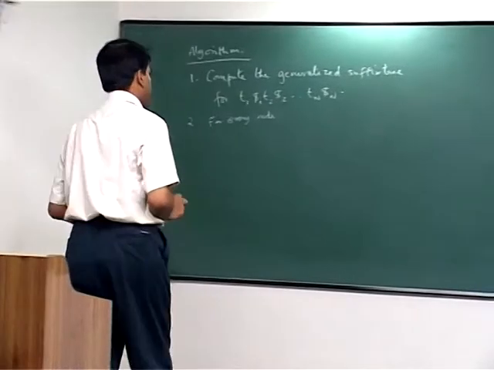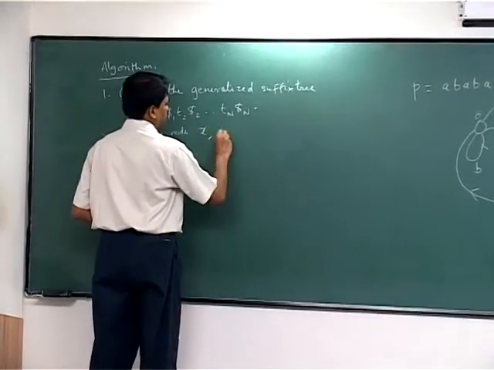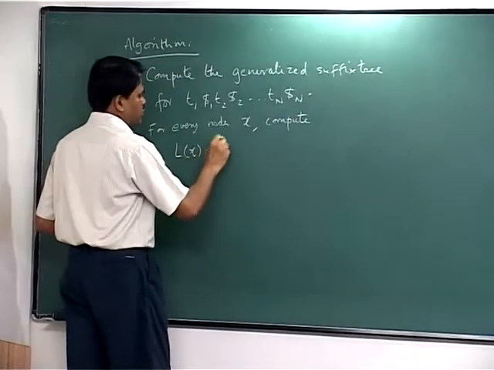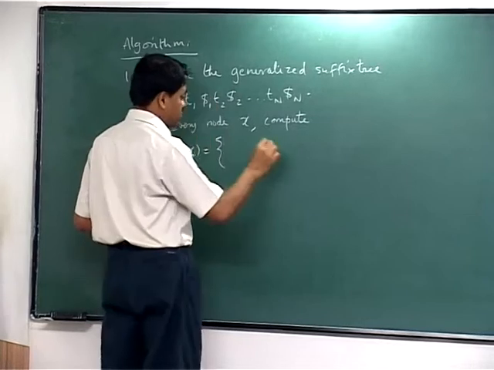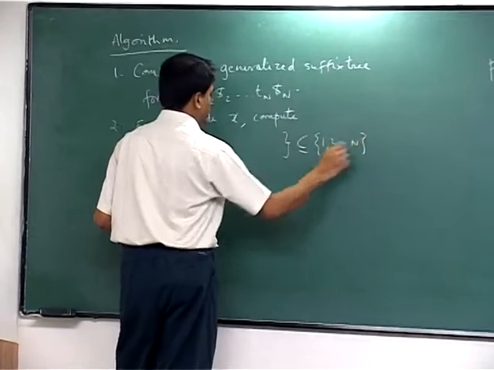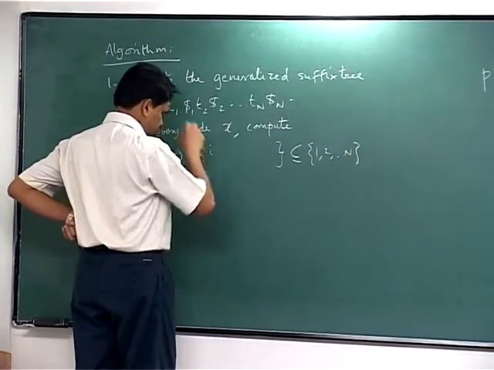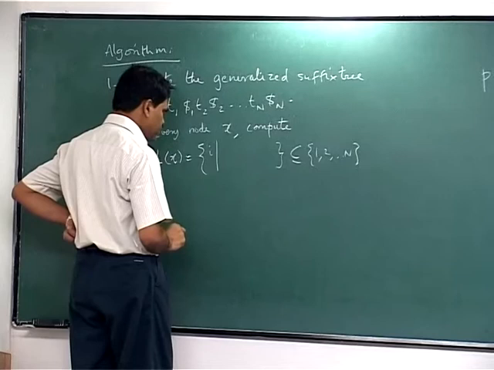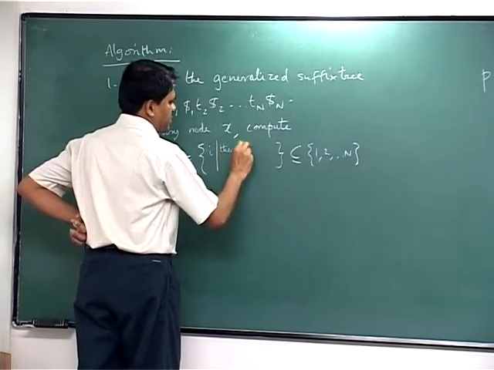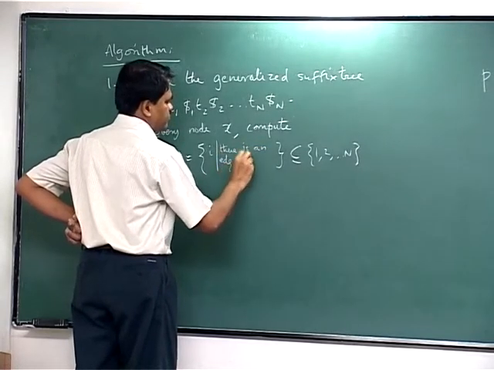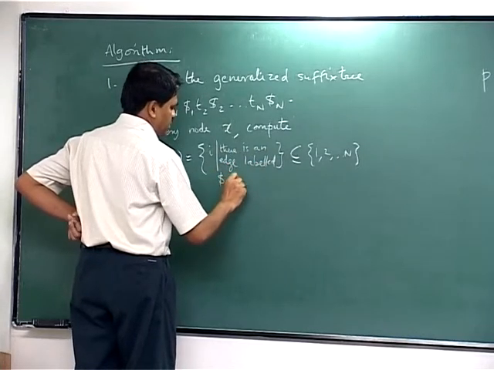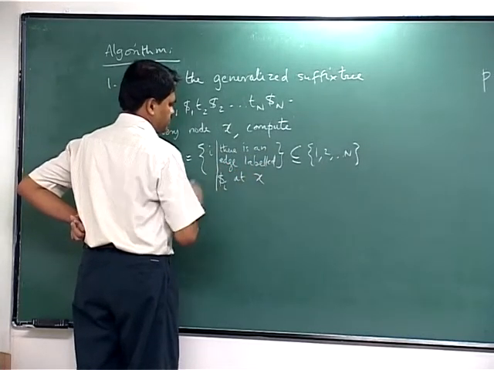So before that I am going to compute for every node x, L of x, which is the set of indices in 1 up to n, where there is an edge labeled delta I at x.